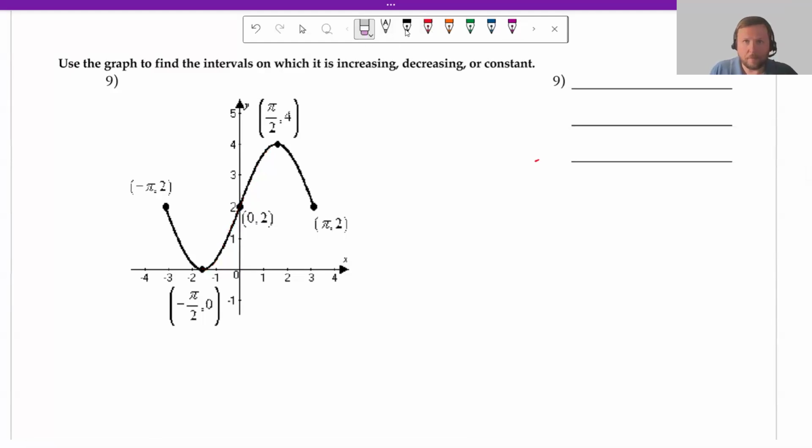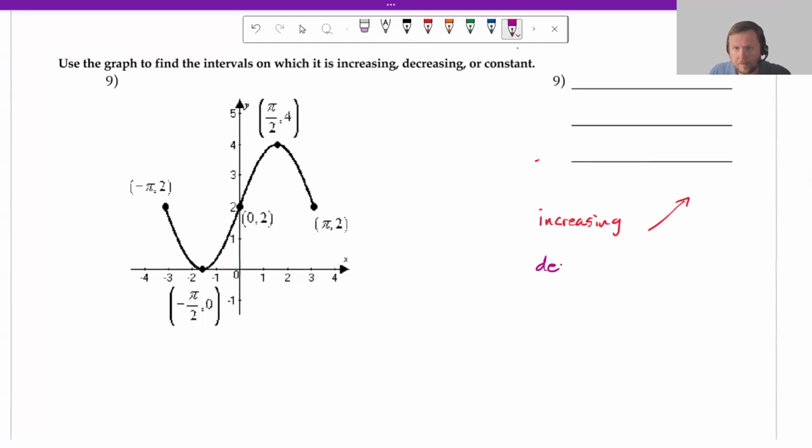So we're looking at number 9. Now, increasing, it's doing that.